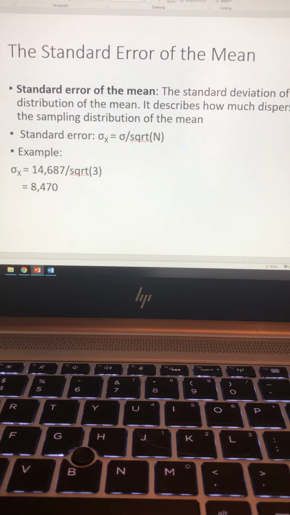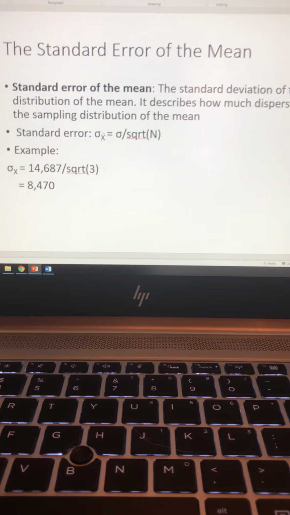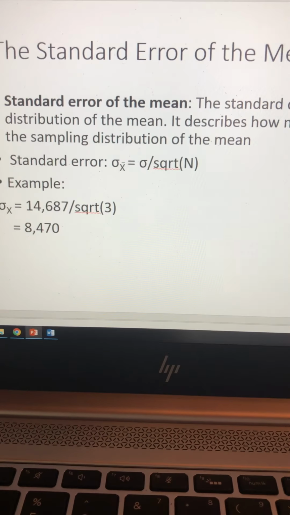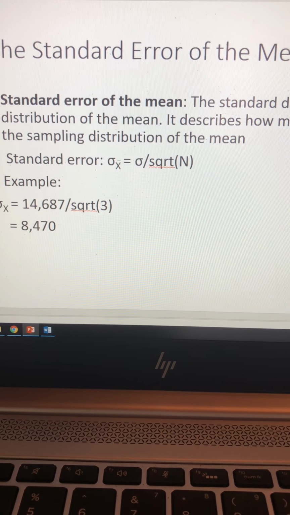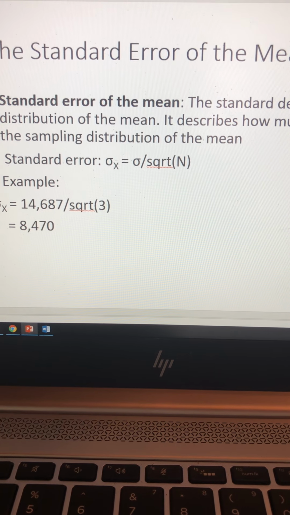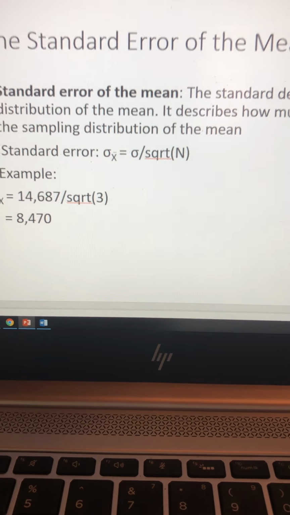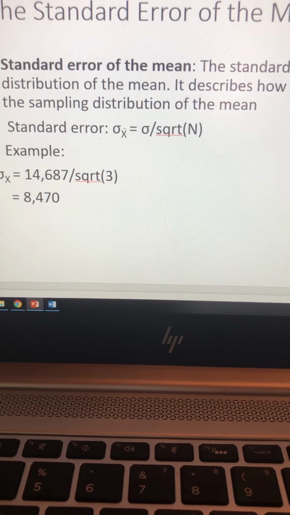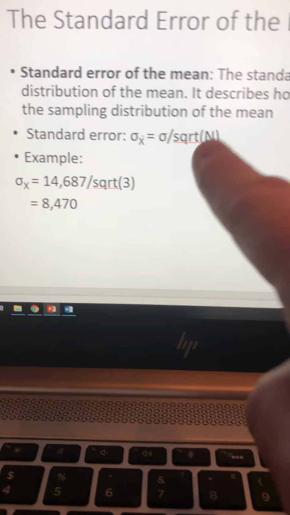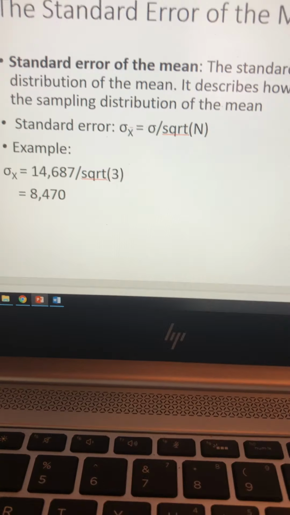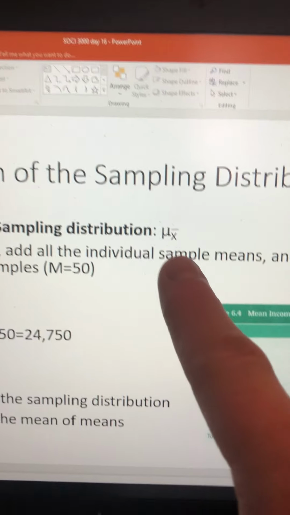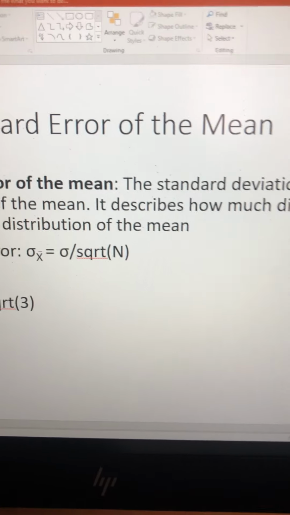The standard error of the mean is pretty easy to calculate. Note the notation too, sigma x bar. I'm sorry, I misspoke.